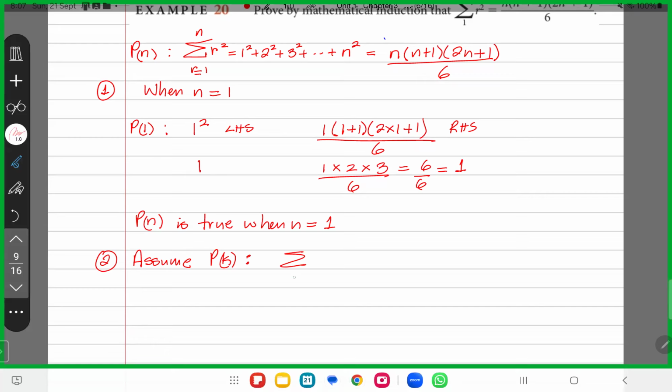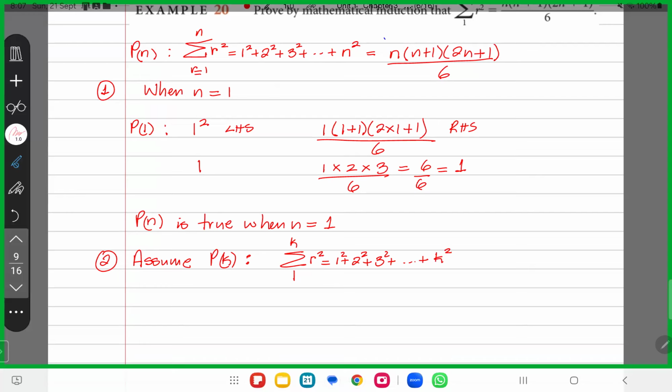Remember, we're just replacing n with k. The sum from 1 to k of r squared, which essentially is what? 1 squared plus 2 squared plus 3 squared plus, and this time we're not going to n, we're just simply going to what?